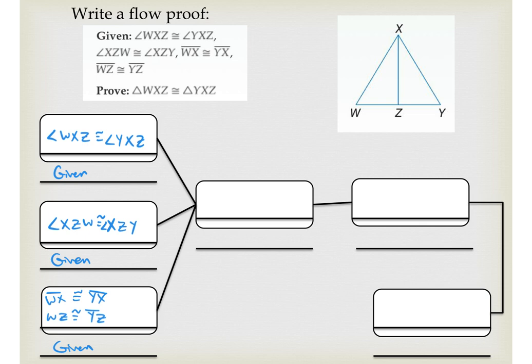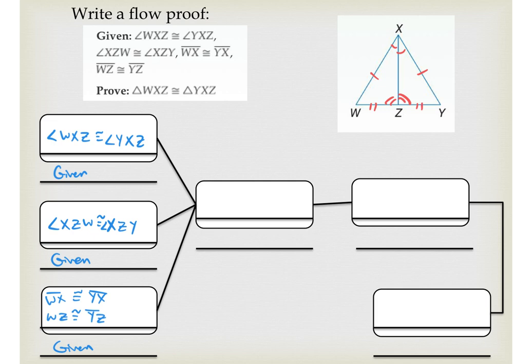I know that WXZ is congruent to YXZ. I know that XZW is congruent to XZY. Then I know that WX is congruent to XY. And I know that WZ, forgot annotation, is congruent to ZY.